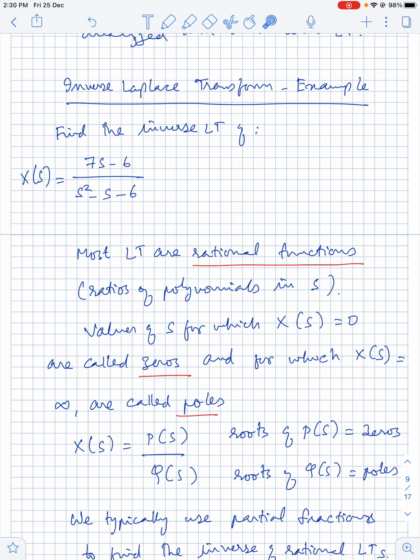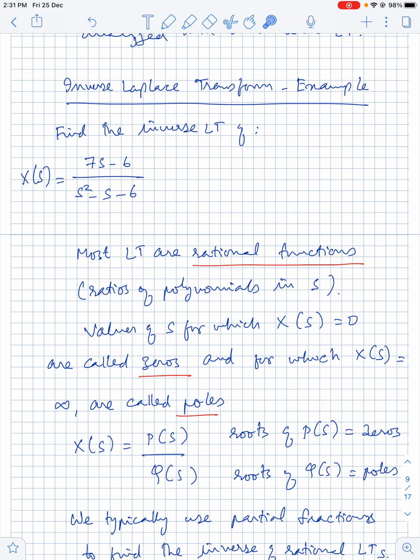Now when you consider the numerator polynomial, the roots of a polynomial are the values of s for which the polynomial takes the value 0. So if you evaluate x of s at the root of the numerator polynomial, your x of s will essentially become 0, because at this root, 7s minus 6 will become 0, and x of s will hence become 0.